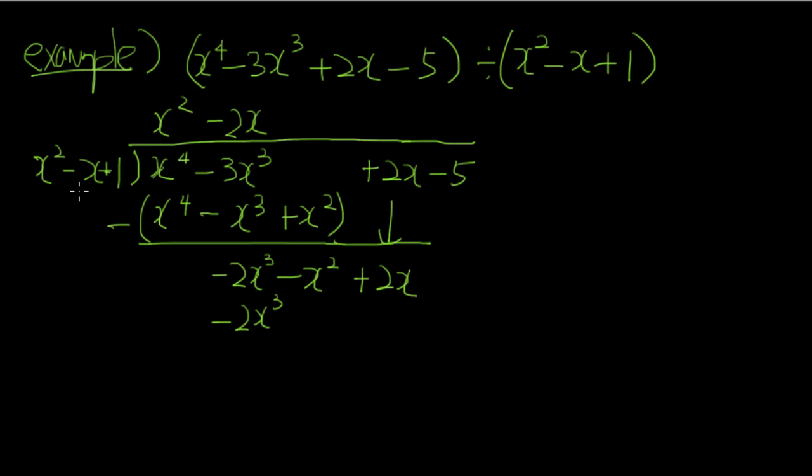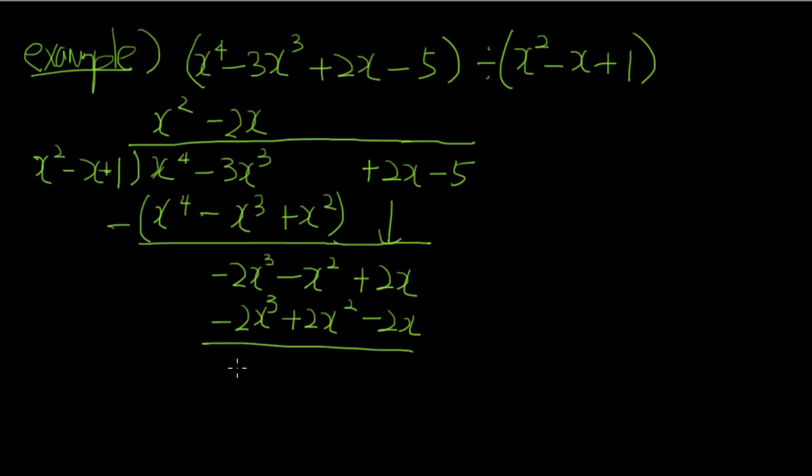Negative 2x times negative x becomes positive 2x squared. Oh, I forgot the 2. Okay, going back to the cube. So positive 2x squared, negative 2x times 1, negative 2x.